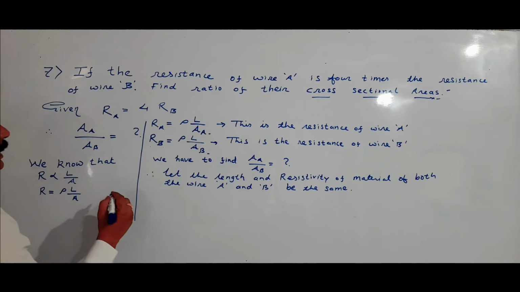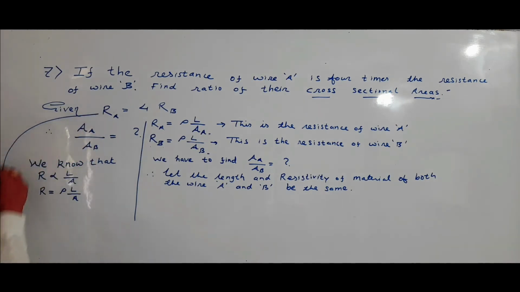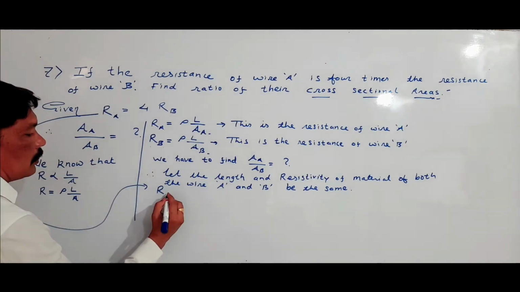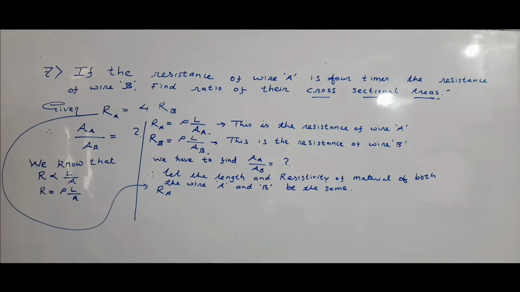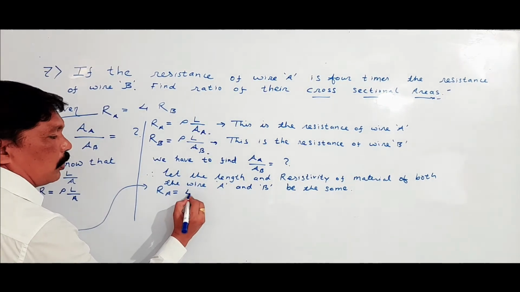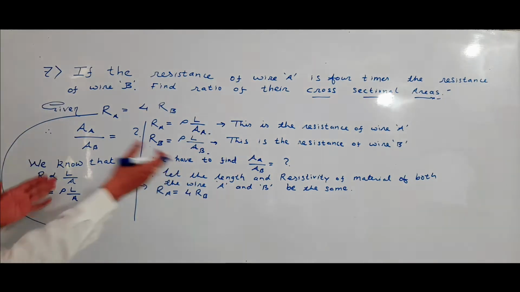What is given to us? Resistance of wire A is equal to 4 times resistance of wire B. Now we will put the formula.